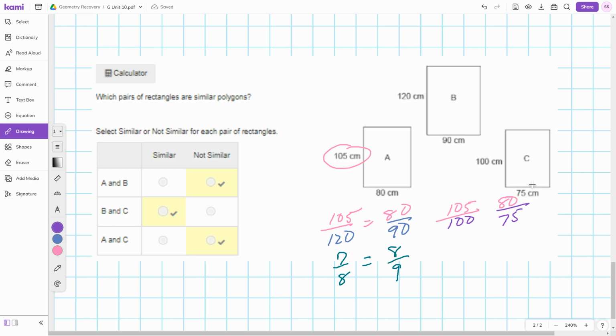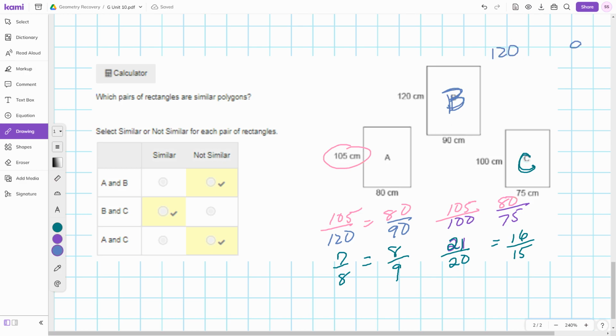And I get 21 over 20 and 16 over 15. Okay, so A and C. This is C right here. I made C teal or green. And now I can try B and C.